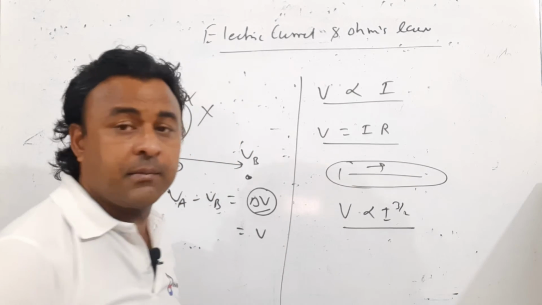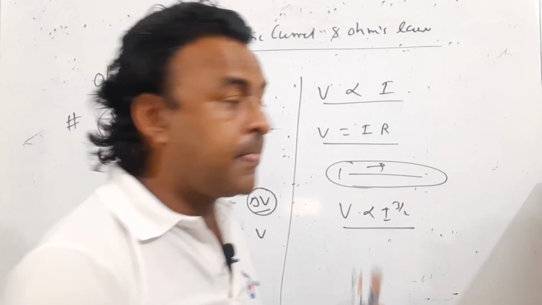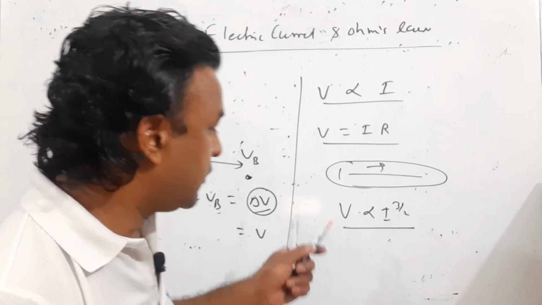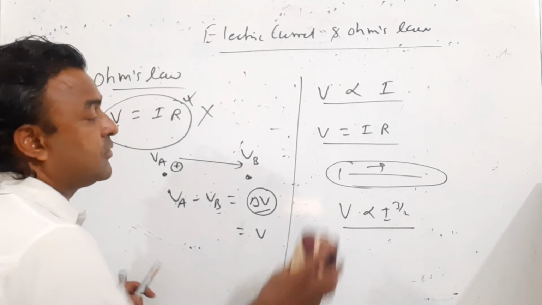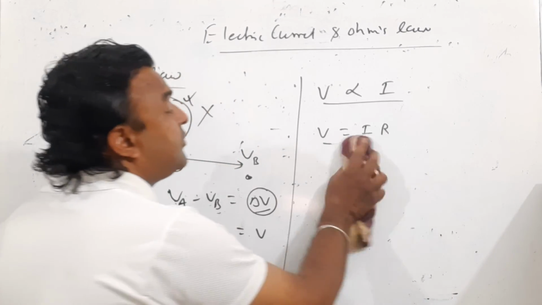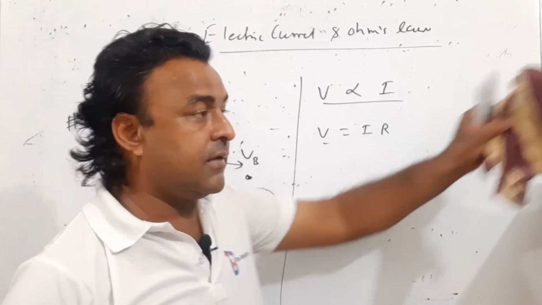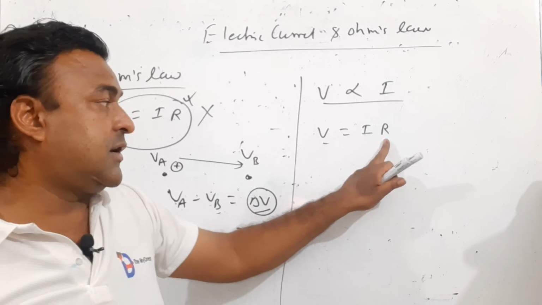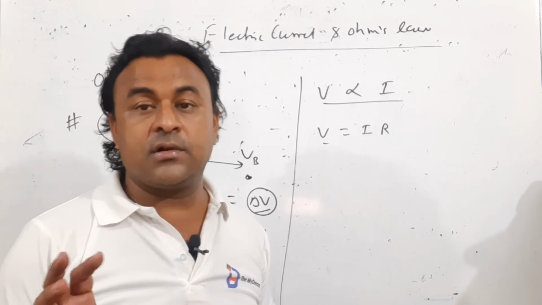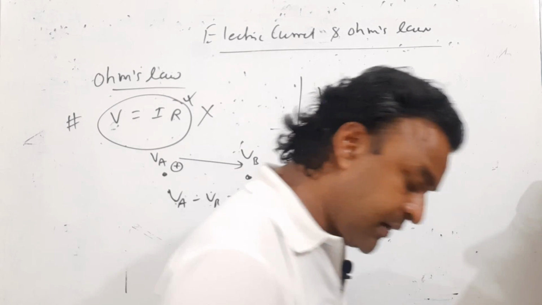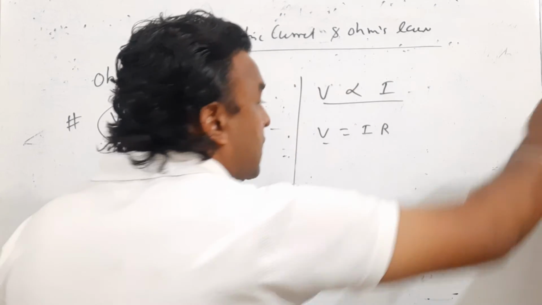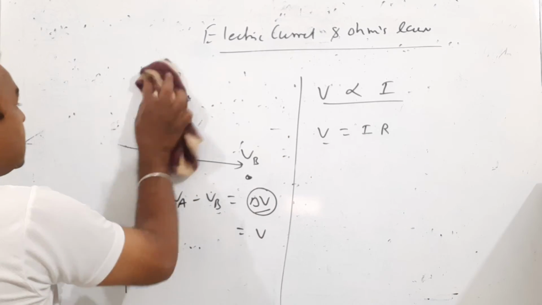Later in semiconductors you will study this, but it may happen. So that is not Ohm's law, but this is Ohm's law. Now in general, in the case of wires, the proportionality constant is R, which is called the electrical resistance. So from here we define resistance also.